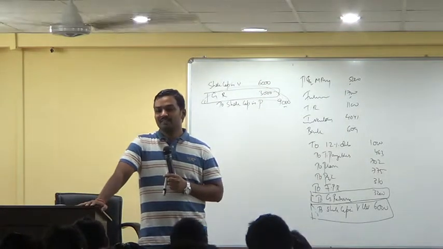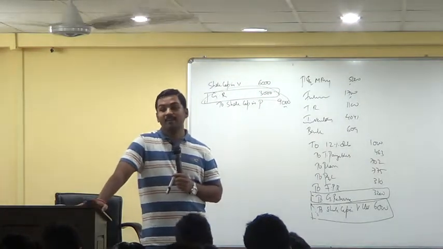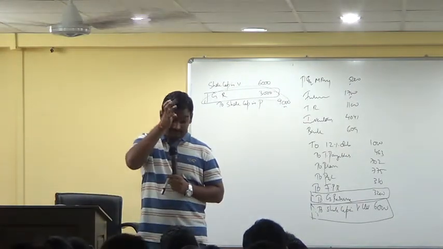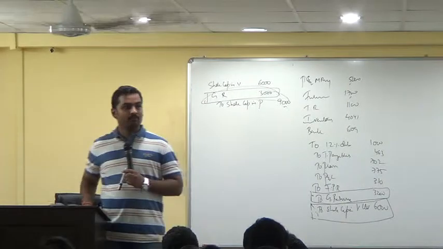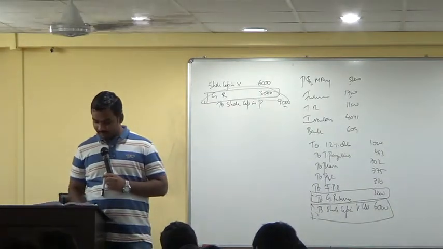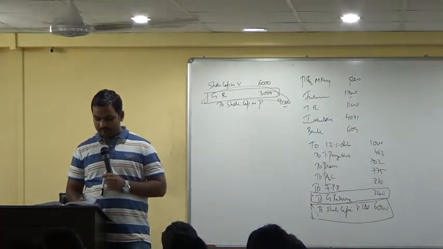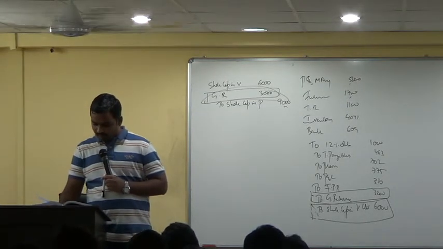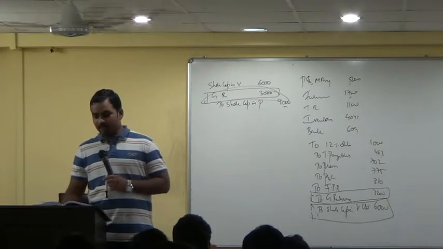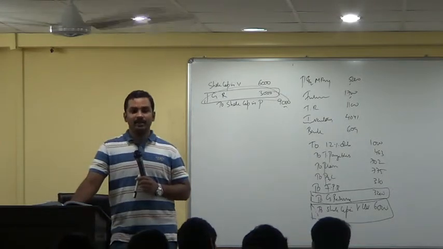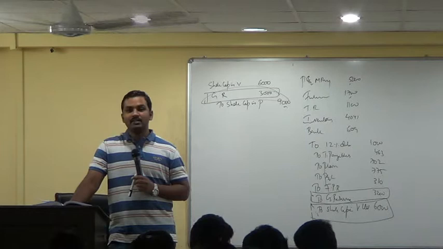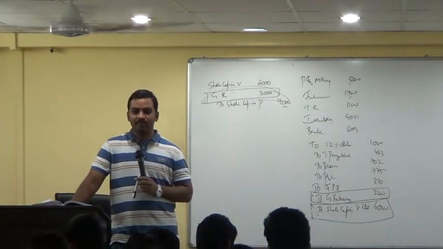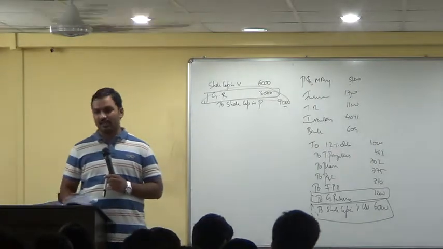Not over yet. Cancellation of intercompany liability. Read the problem. What does it say? All the bills receivable held by V Limited were P Limited's acceptances. So whatever bills receivable are shown in V Limited, P Limited was the acceptor.